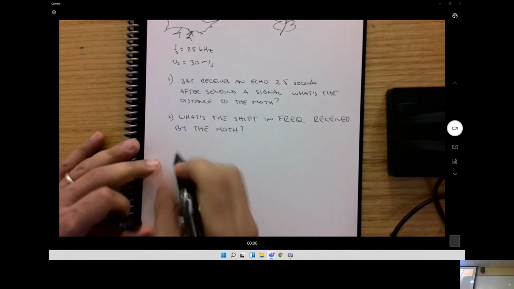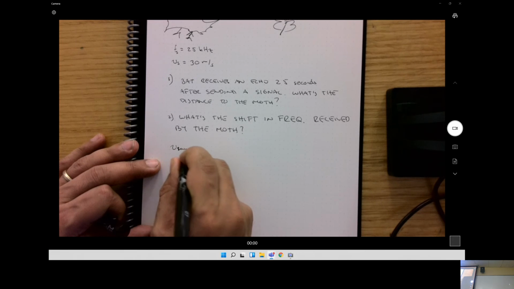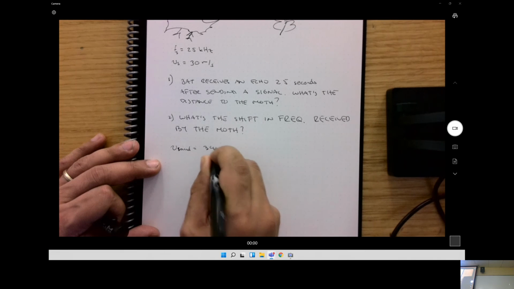You can assume that the speed of sound is 340 meters per second.